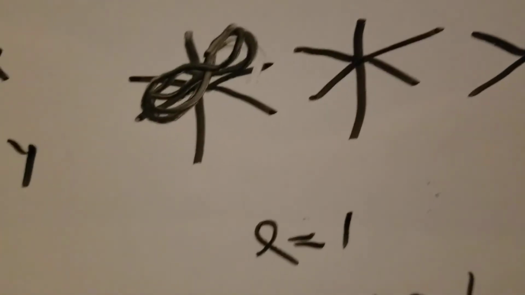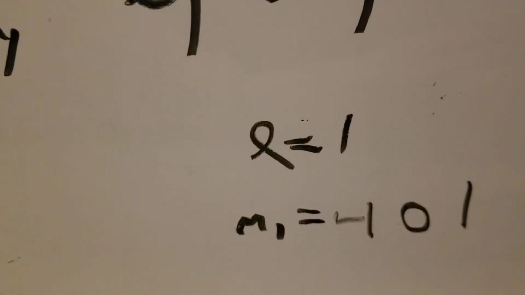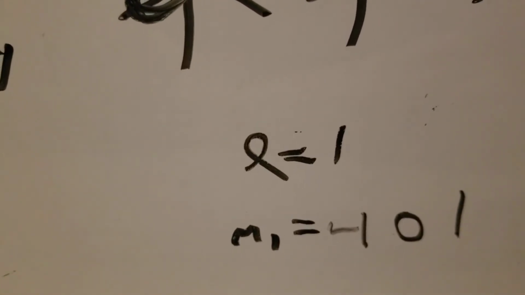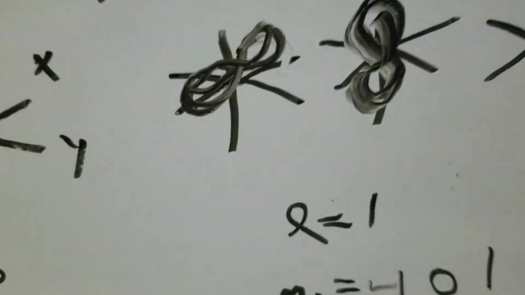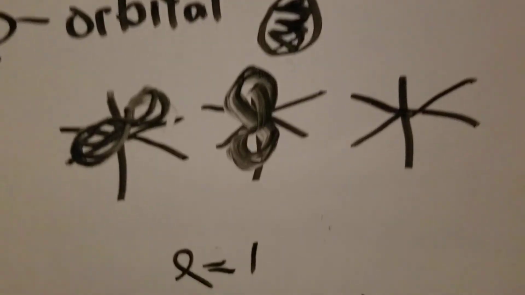Now, we also have m sub L equals 0. So this means that our electron could also be traveling in the z-axis. M sub L also equals 1. Therefore, we could also have it in the last axis.